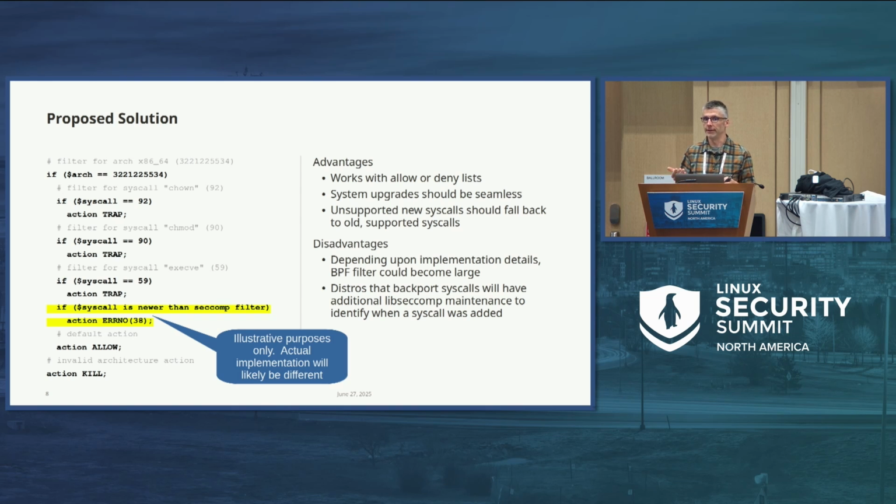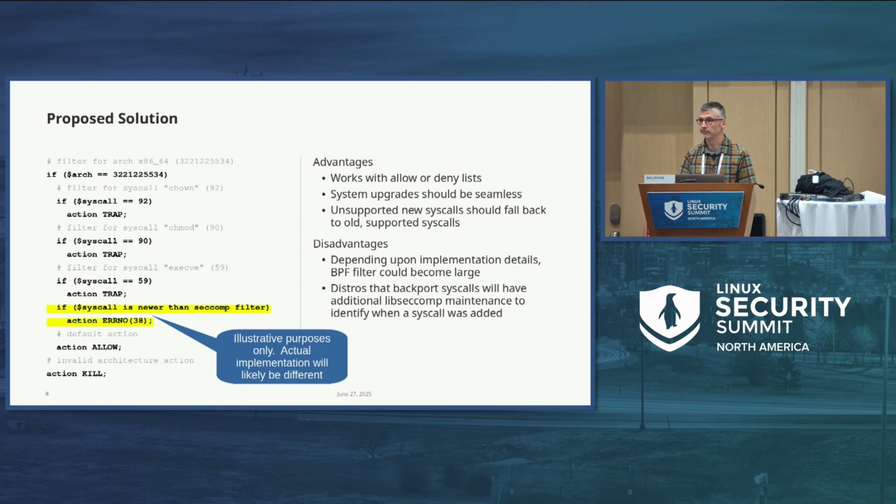For many filters, as Tycho pointed out, maybe that's allow, or whatever you've chosen. Then any number that is unknown at that point is a new syscall that's newer than our filter. That gets ENOSYS, which I'm recommending most people invoke. So to answer your question, every syscall known at that point has a number and an action given to it.